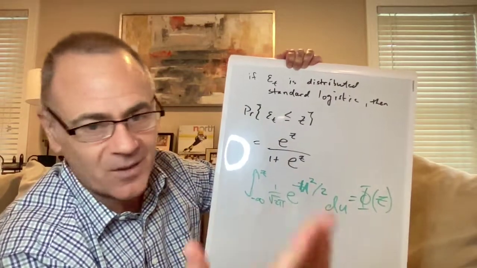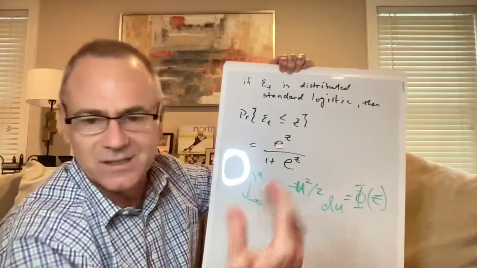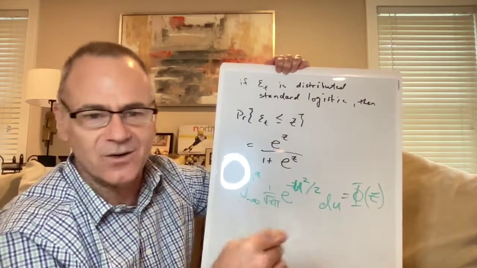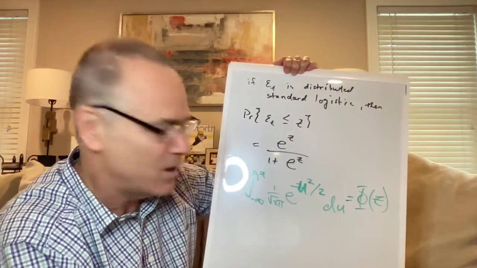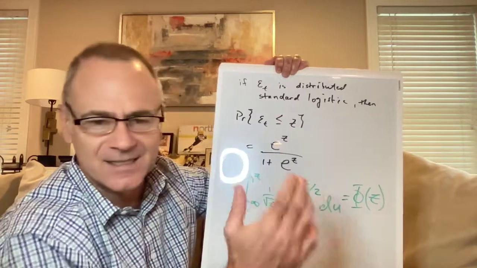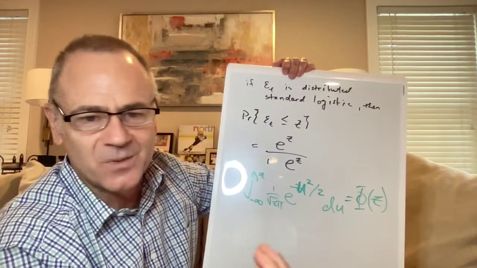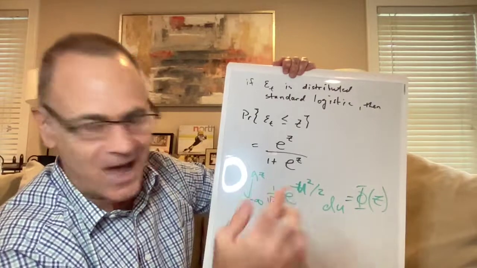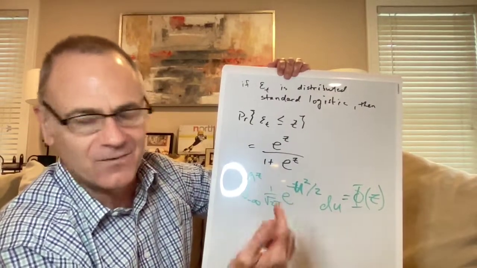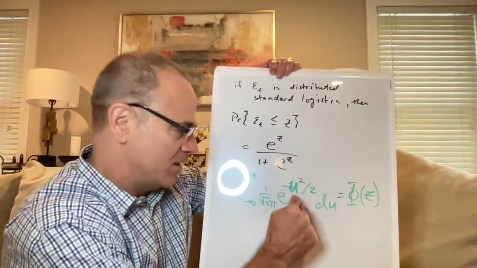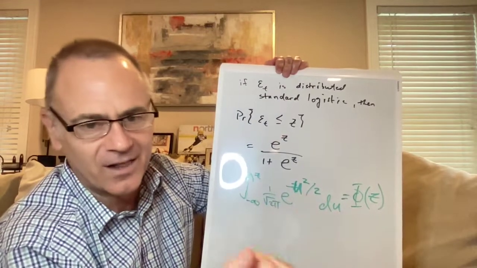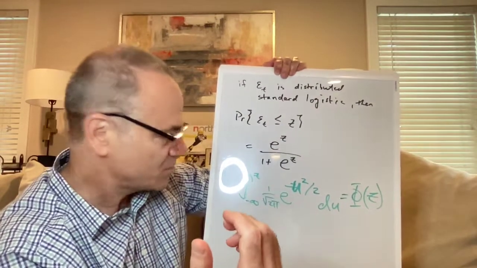It turns out, if you look up in these tables, when u is less than negative 4, that value is tiny. So what you would do in practice is say, you're supposed to go from negative infinity to z, but for all intents and purposes, negative 5 is close enough to negative infinity, because the value when u is evaluated at negative 5 is very, very close to 0.